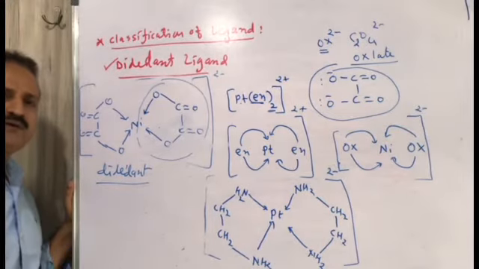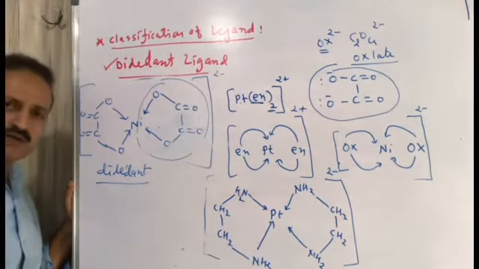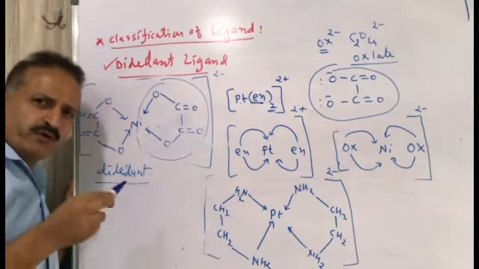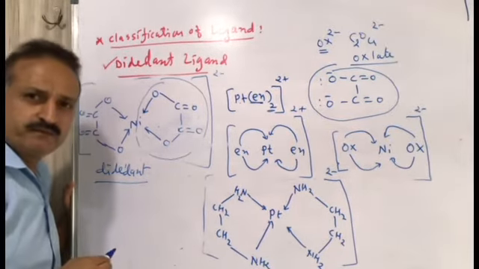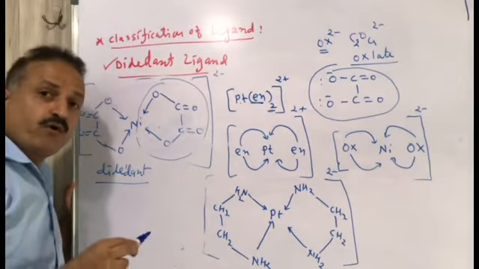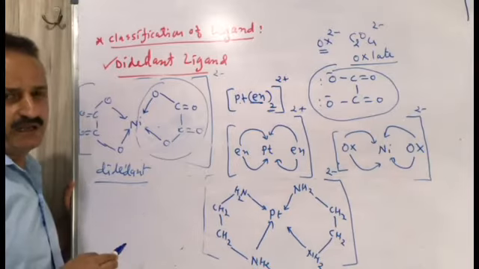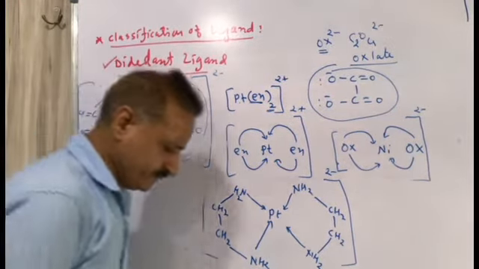Now we are going to discuss the tridentate ligand. What is a tridentate ligand? Means what? One neutral molecule will donate 3 electron pairs and form 3 coordinate covalent bonds. Then it is a tridentate ligand. Let's see with a proper example.